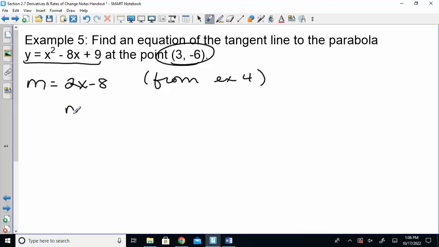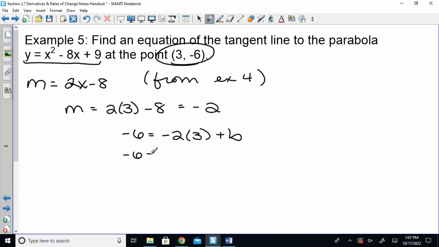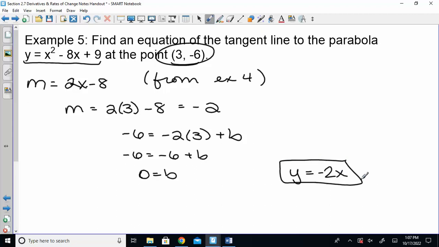So for this particular point, to get my actual slope, you would plug in your 3. The slope is negative 2, then you can plug into y equals mx plus b. Get that my y-intercept is 0. So at that particular point, the equation of the tangent line is y equals negative 2x.